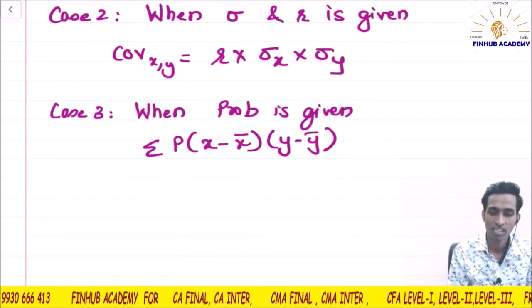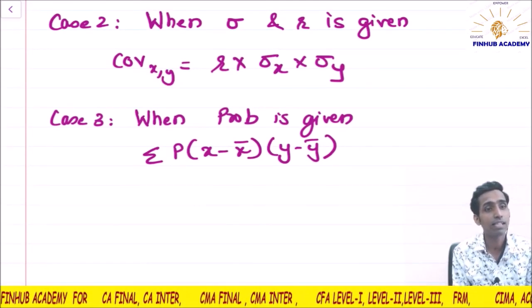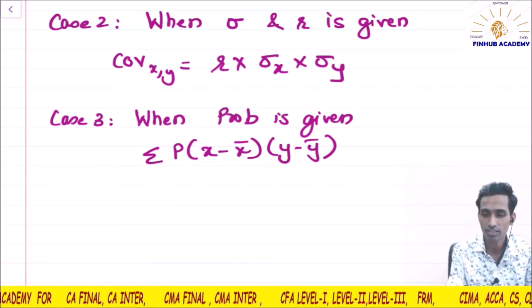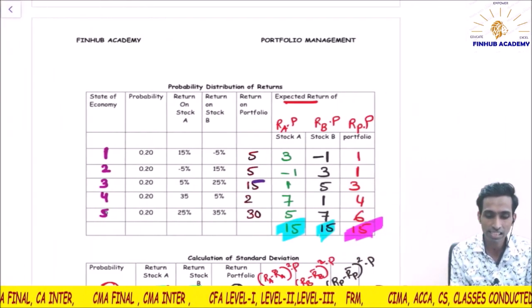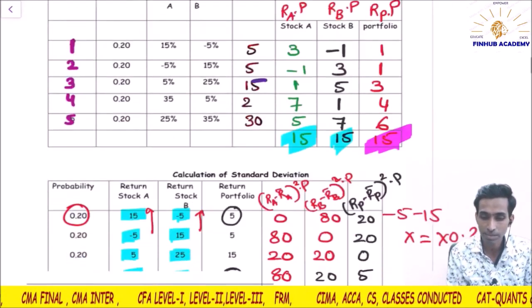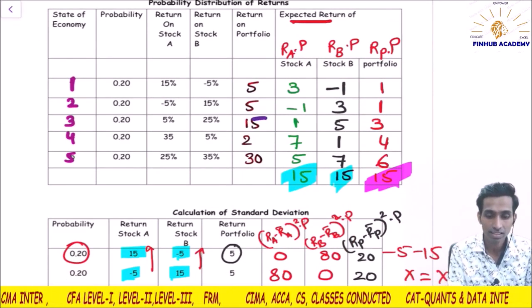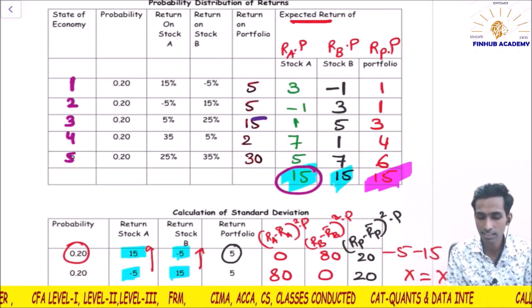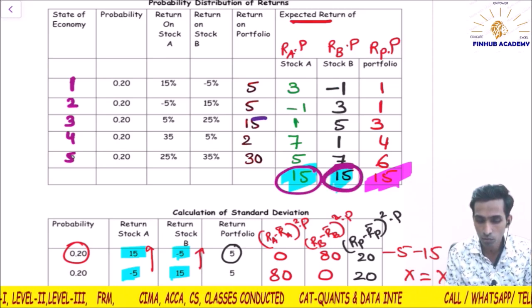Yesterday we left one part, which I said we will discuss in the next episode. I'm coming to that part now. I was not satisfied with the discussion. This is theory page number 128. Here, the return of x was 15%, the return of y was 15%, and the return of the portfolio was 15%.